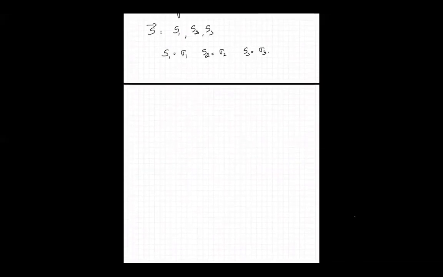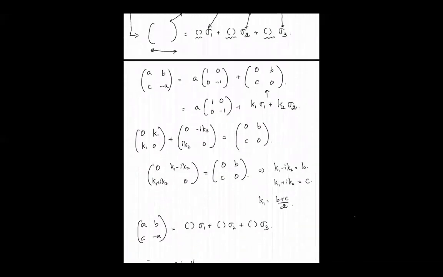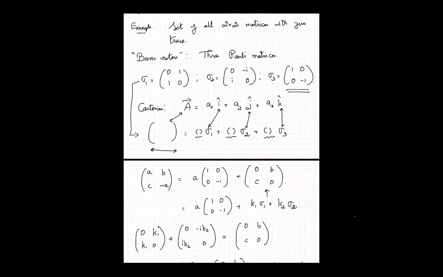Okay. So in this example that I talked about, the three 2 by 2 matrices are basis vectors. So I hope it is clear that any 2 by 2 matrix with zero trace can be expanded as a linear combination of these basis vectors. Again, there is nothing sacred about this choice of basis vector.